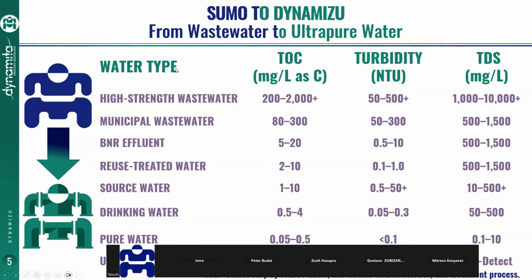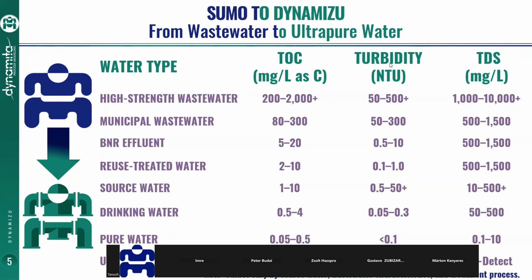To give you a big picture, going from SUMO to DYNAMIZU, the purpose is to be able to treat wastewater to ultimately ultra pure water. So as you can see, I use 3 parameters: total organic carbon, turbidity, and TDS. From high strength wastewater to municipal strength wastewater, that is where SUMO comes in.